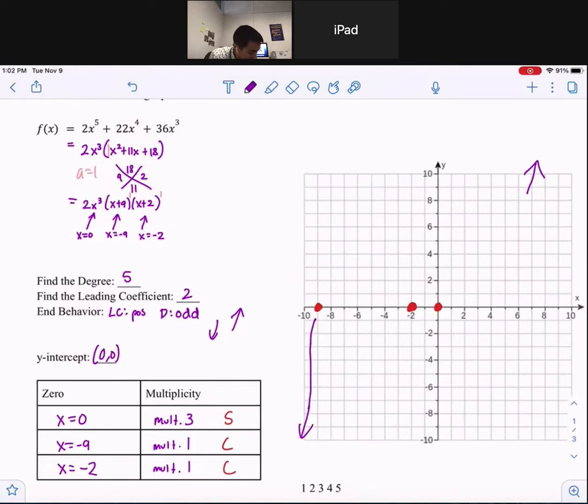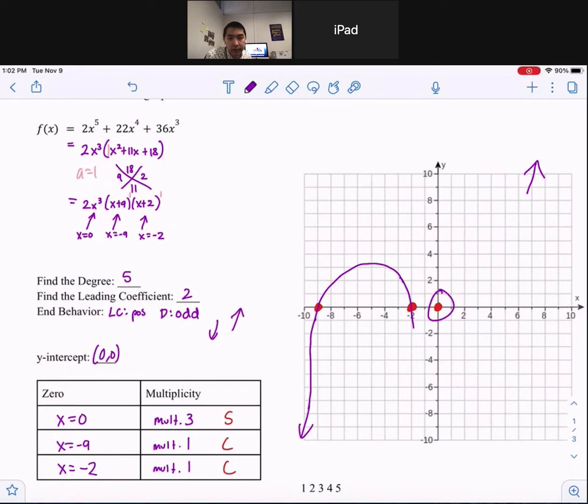So you're just going to cross right through that zero. Curve it down, start to curve it down so we get to figure out what we do at that zero. And at negative 2, you cross. So at negative 2, we're just going to go right through it.